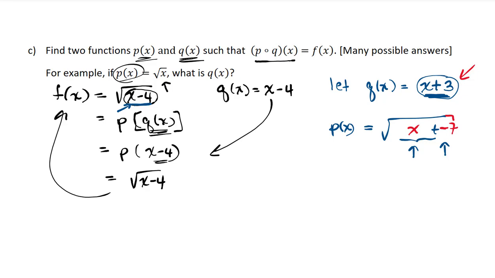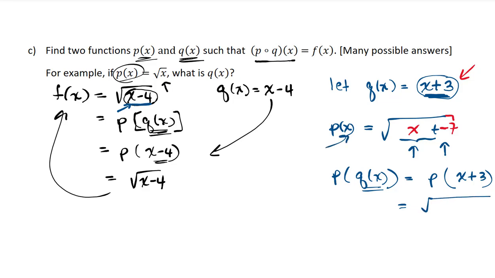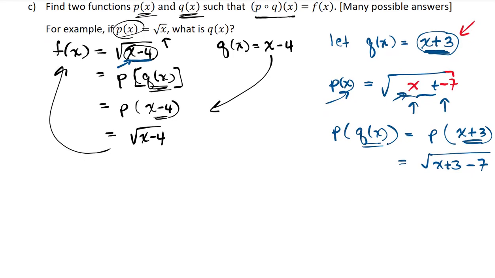So let's verify this. If we were to evaluate p of q of x, we'll start with the inside function, which is the quantity x plus 3, and now replace the argument of the p function, which is x here, with this expression, and then complete its operation by adding a negative 7 there.